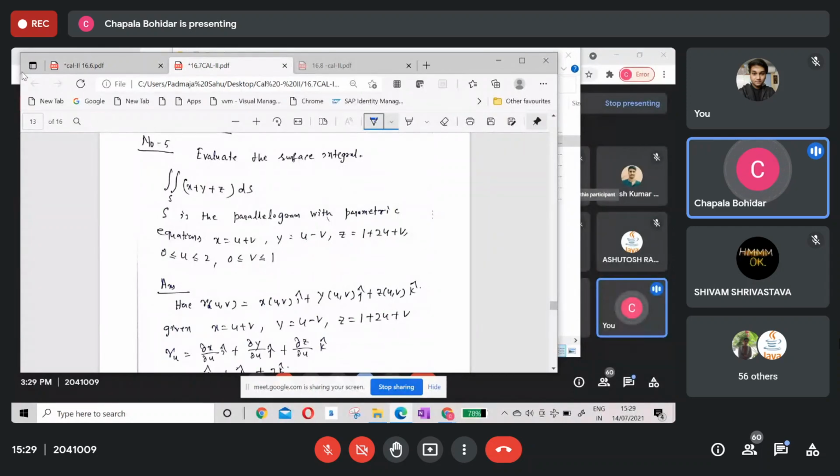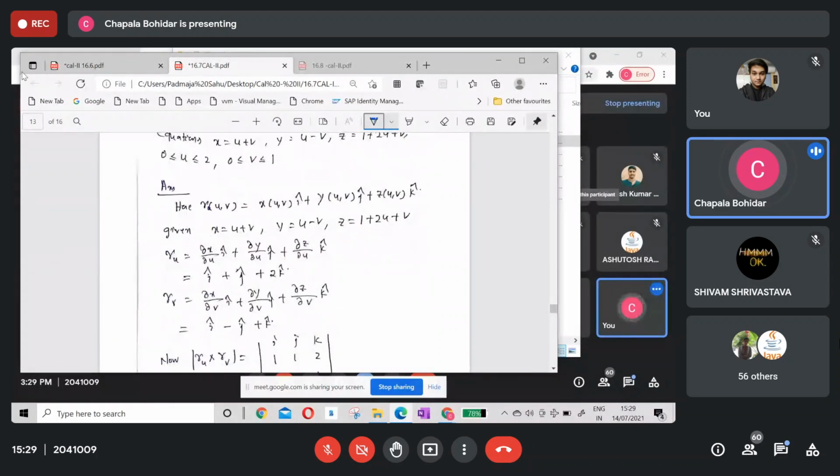U lies from 0 to 2 and v lies from 0 to 1. It is already given, so here r(u,v) can be written this way.